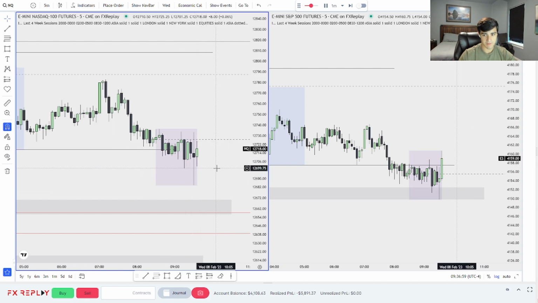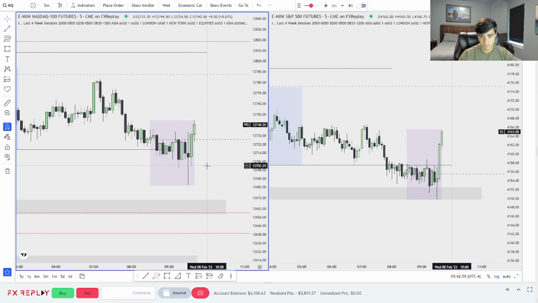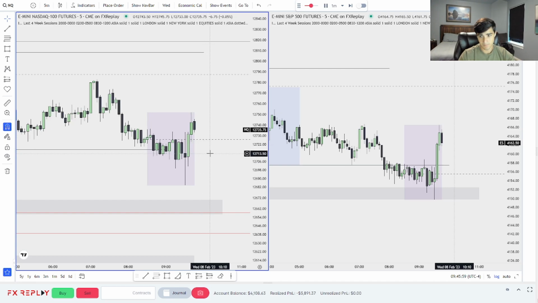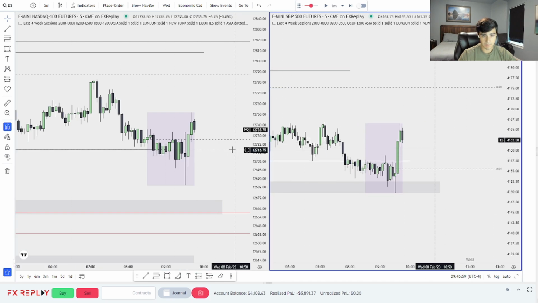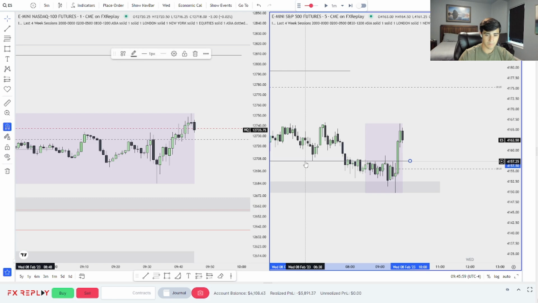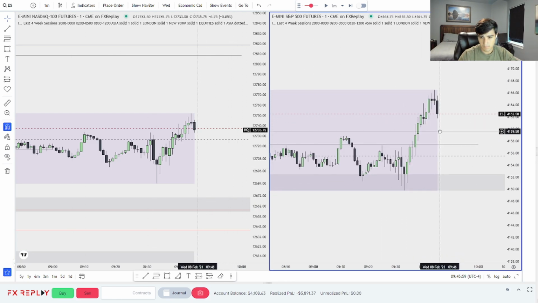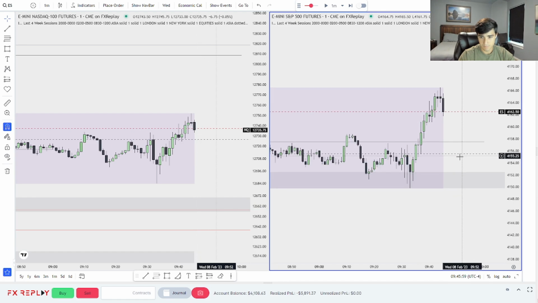And this price action is sloppy. Low, high, lower low, higher high.